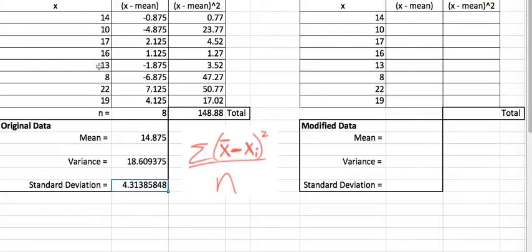Notice these are pretty spread out. They're not really tightly grouped around our mean of 14.875. So it makes sense that our standard deviation is 4.3. It's not real small. Okay, so that's just a quick example to review how we find this in the first place.